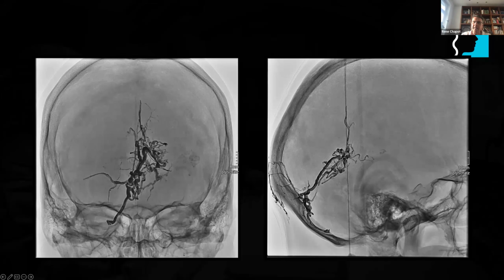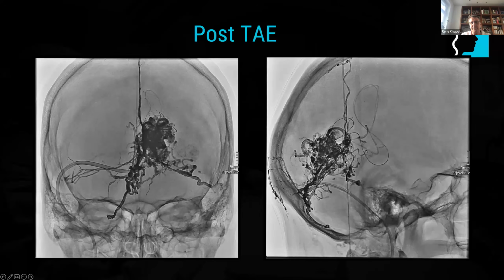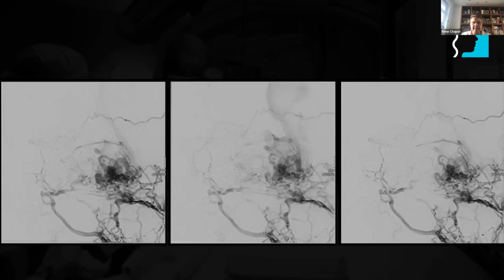And from here, I could inject Onyx, or rather Squid, more diluted so that you can inject more. And these are the before and after. This is after this meningeal injection. And the point is that here you see simultaneously 3 different stages.